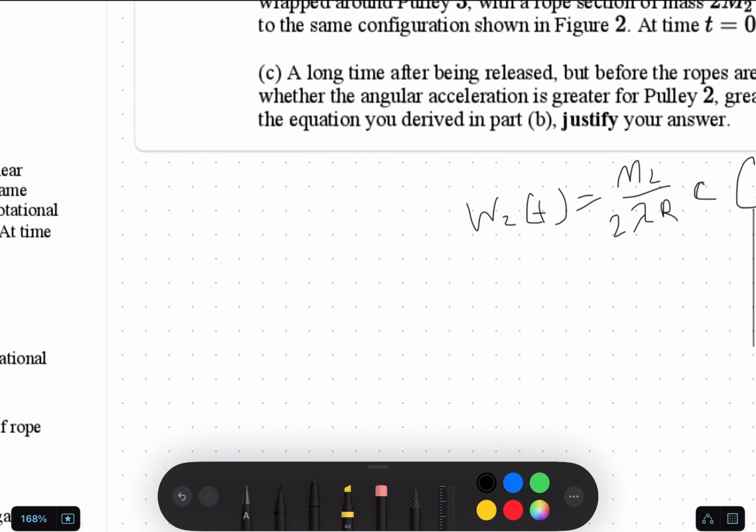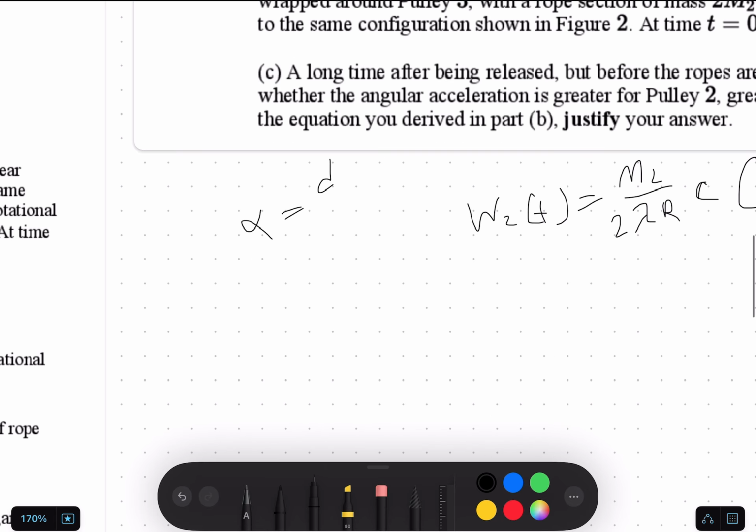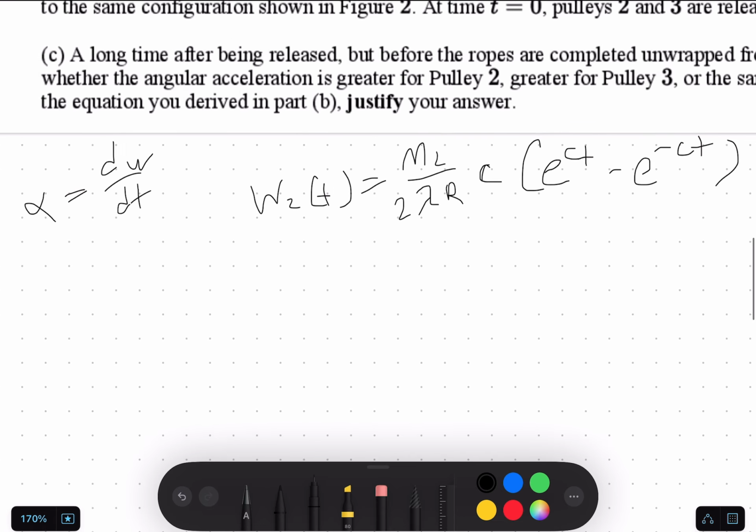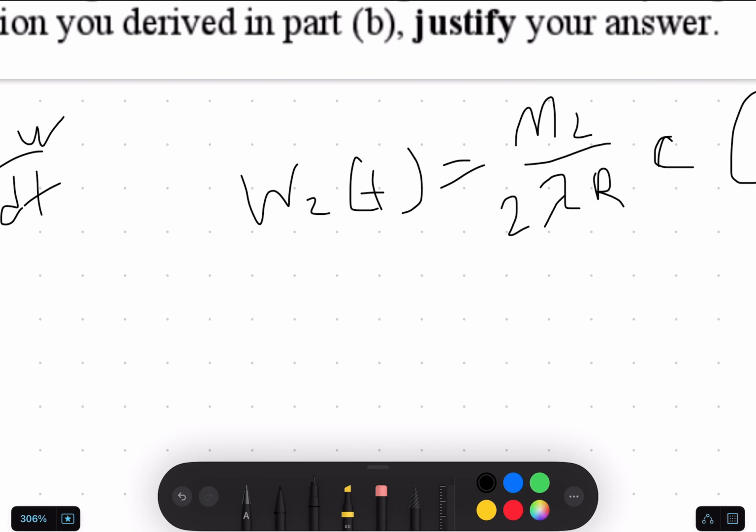The definition of angular acceleration is the change in angular velocity over the change in time, so it's pretty much the derivative of this function.